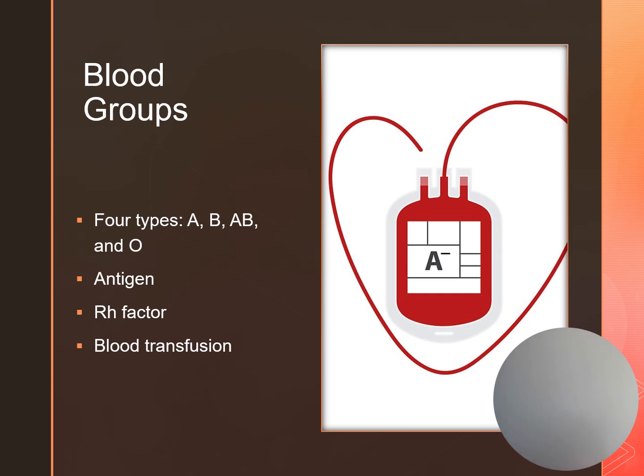We also look at the Rh factor, which will be positive or negative. So if it's positive, there is a specific protein present. And if the Rh factor is negative, that specific protein is absent. With blood transfusions, both type and Rh have to be compatible. So we do a blood test called a type and cross match.